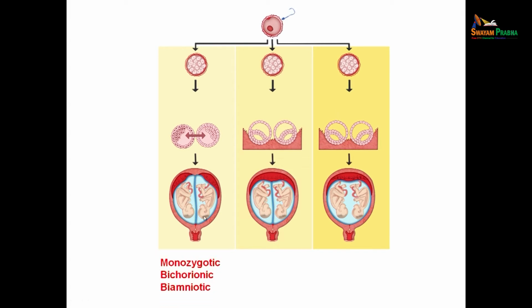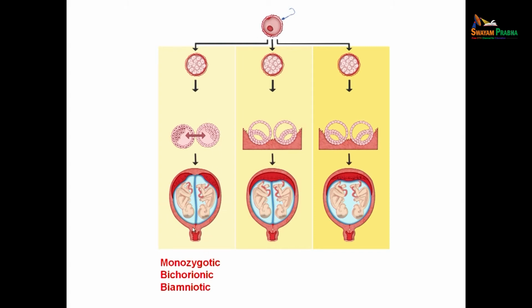The first variety is known as monozygotic bichorionic biamniotic. You can see that all these twins are derived from a single zygote. Splitting happens at different stages of development. So, the first one is known as monozygotic, since it is derived from a single zygote, but it is bichorionic.